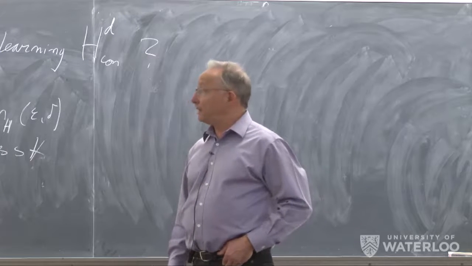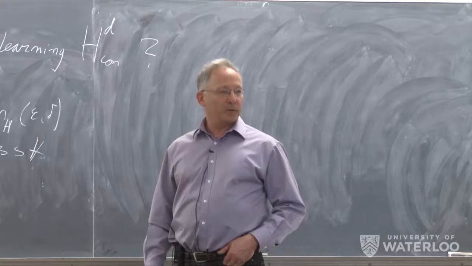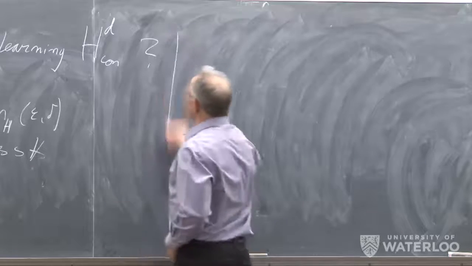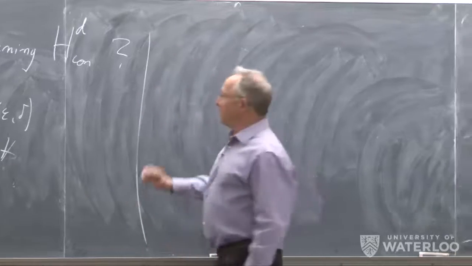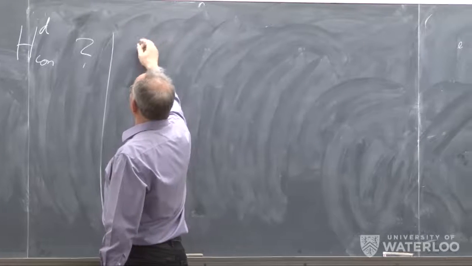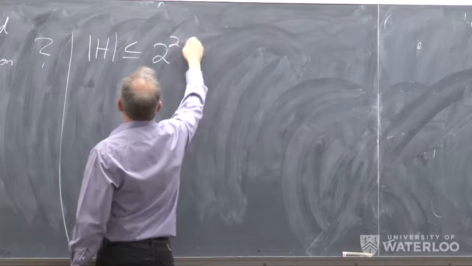OK, so there are 2d literals, and each of them could or could not be in the conjunction. That's nice. We can do a little bit better, but that's not bad. So the claim here was that the size of H is at most 2 to the 2d.